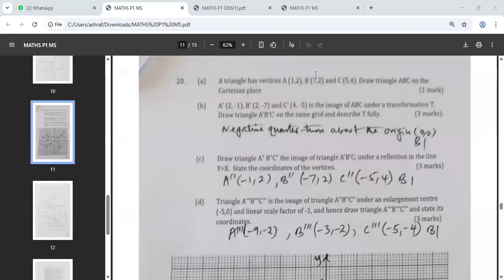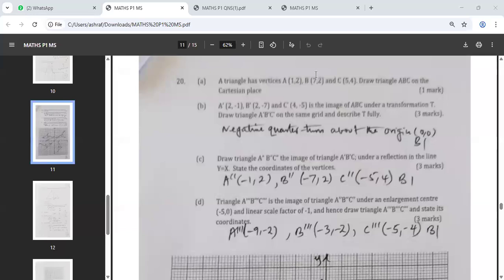Then if it's a positive scale factor, you measure the distance that you've gotten from the center going towards the same side as the object. And if it is negative, you measure from the center going towards the opposite side of the object.